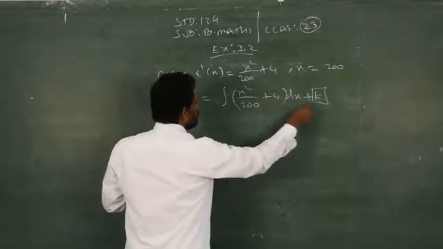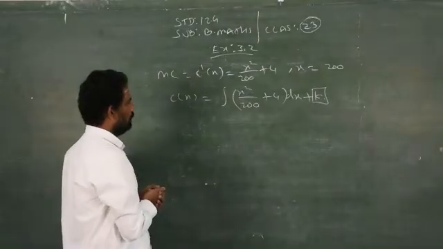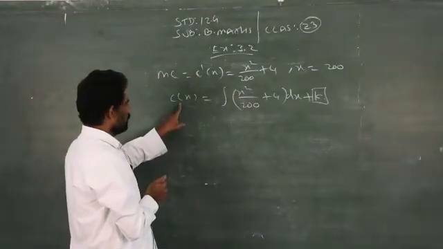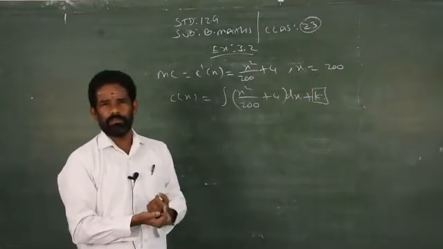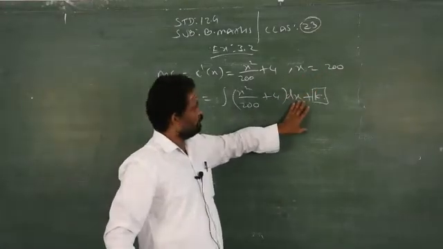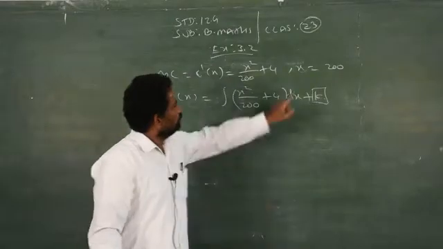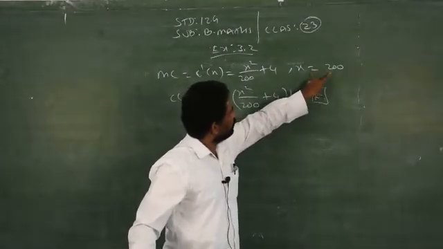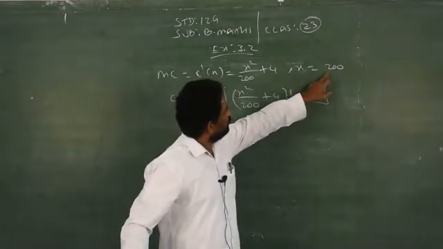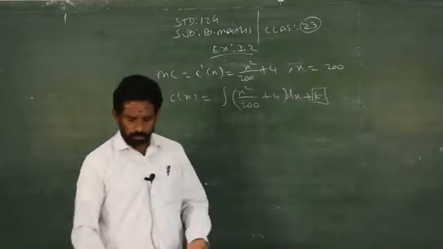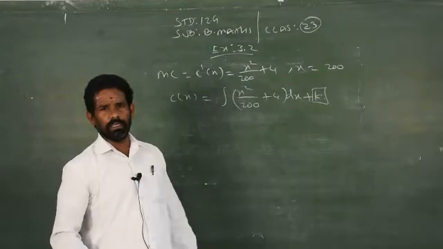If you use plus k, the indefinite integral, then you must know the cost function, what is the cost of these 200 units. Then only you can apply indefinite integral. I know only the number of units, but I don't know the cost of the 200 air conditioners. Do you have any information about the cost of 200 air conditioners?